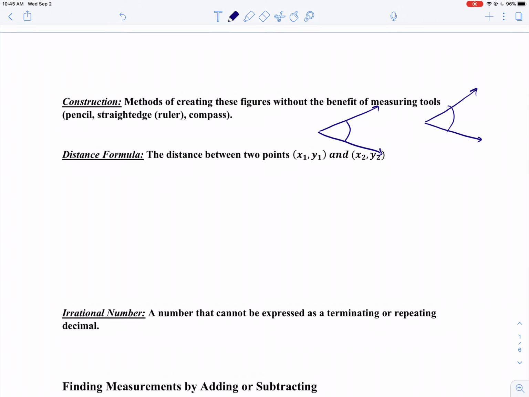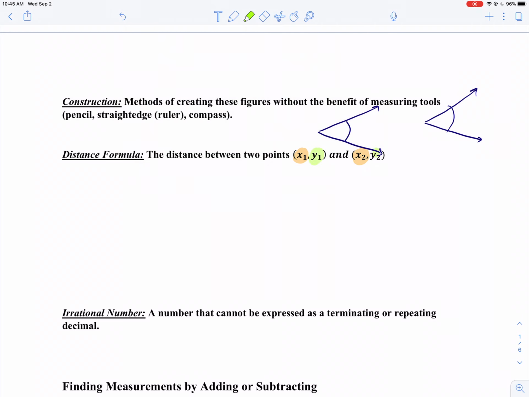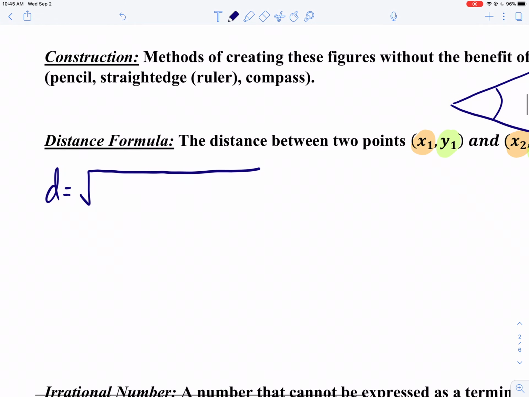Okay, distance formula. The distance formula is going to be between two points. So if I label x1 and x2, I'm going to keep my x's together. And then if I have my y's, I'm going to keep my y's together. I'm a firm believer in application over memorizing formulas. So the formula, starting off, is the difference between our x's.